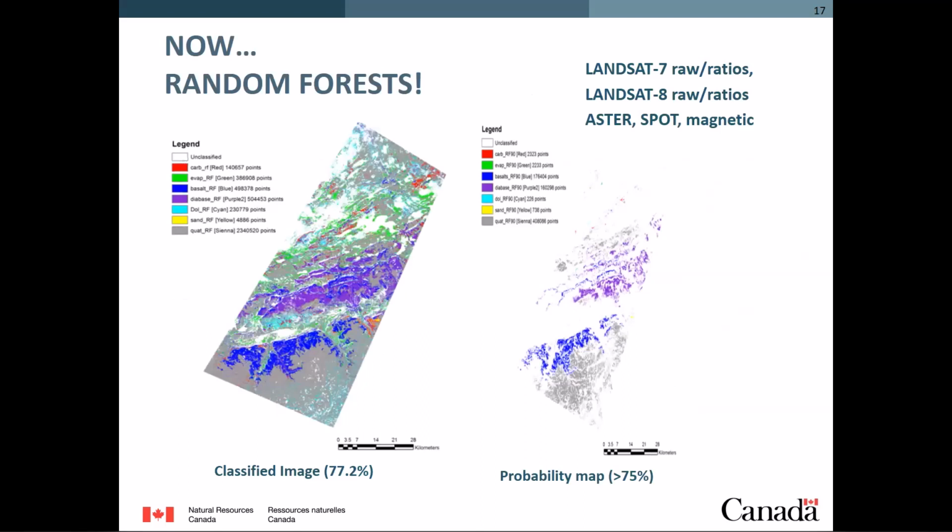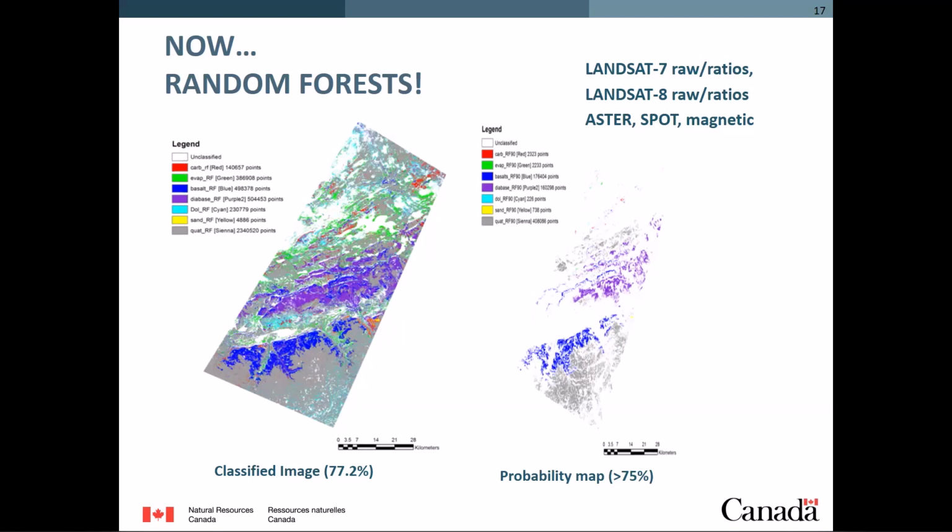Then we did the same thing with random forest, and this is including all this data: Landsat 7 ratios, Landsat 8 ratios, ASTER, SPOT, and magnetic data. And this is the result we got from random forest. Now, it turns out that random forest produces a probability map, which shows you, kind of like the standard deviation map, the probability of the strength of membership of each of these classes.